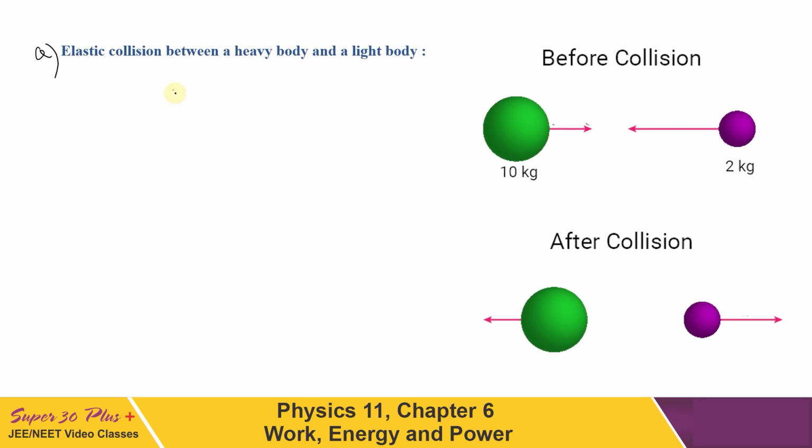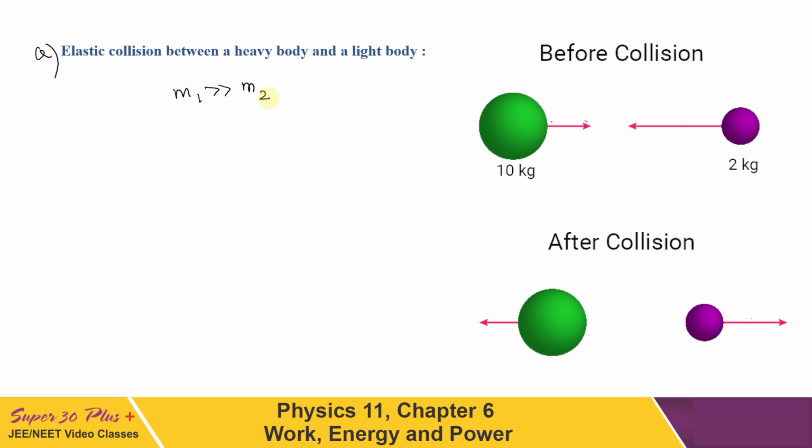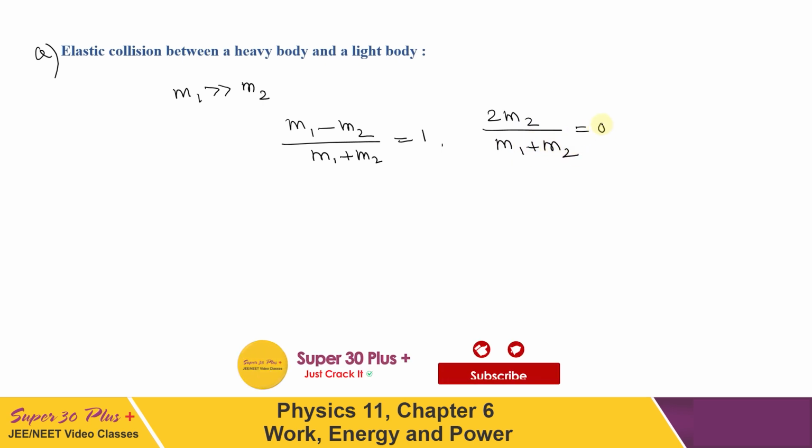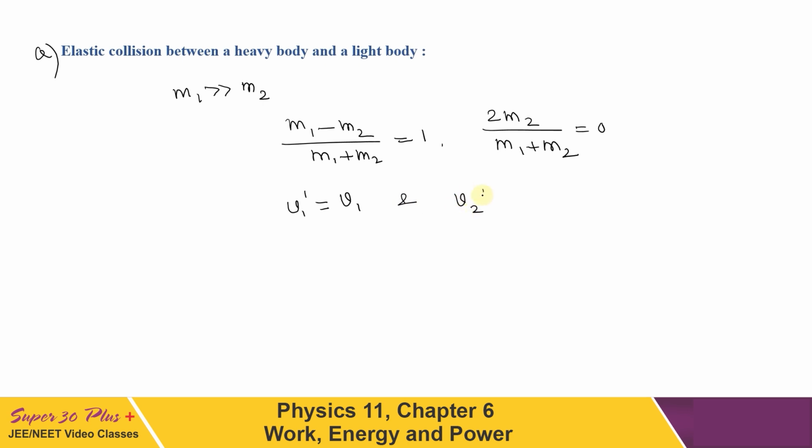If m1 is much greater than m2, then of course we can write (m1 minus m2) upon (m1 plus m2) equal to 1, and 2 m2 upon (m1 plus m2) equal to 0, because m2 is negligible. On considering these two situations, we can write v1 dash will be equal to v1 and v2 dash will be equal to 2 v1 minus v2.